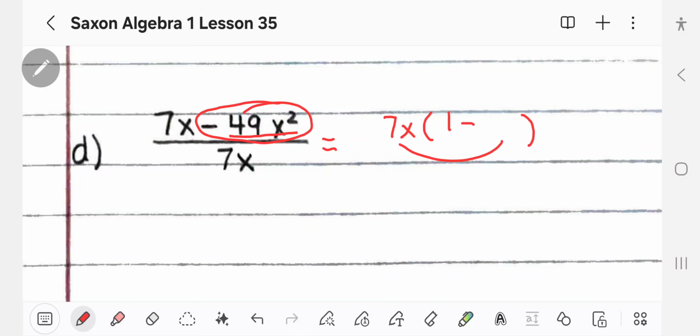Going to need a minus here, going to need a 7 here, and this was, I think I said x, but it's x squared, so I'm going to need an x here. And again, you can just multiply that back out, distribute it, 7x minus 49x squared. We got it. Great. In the denominator, we have 7x.